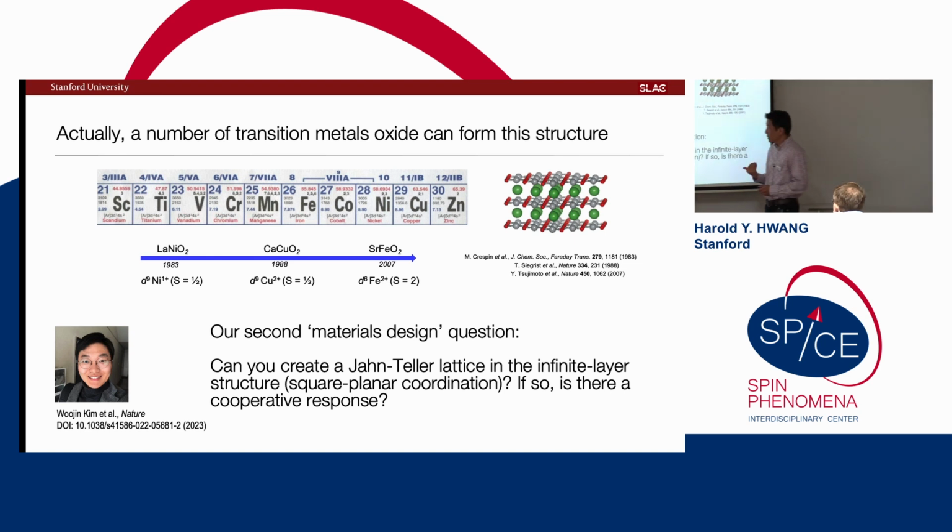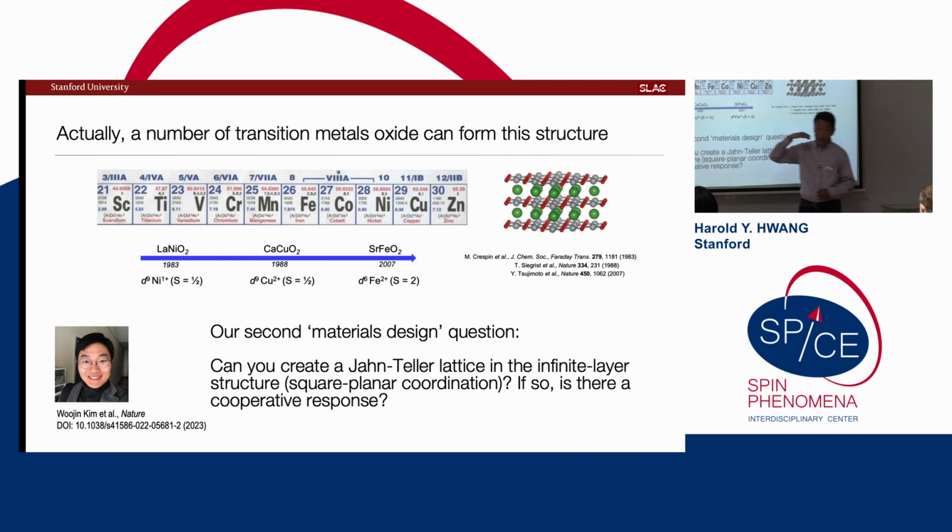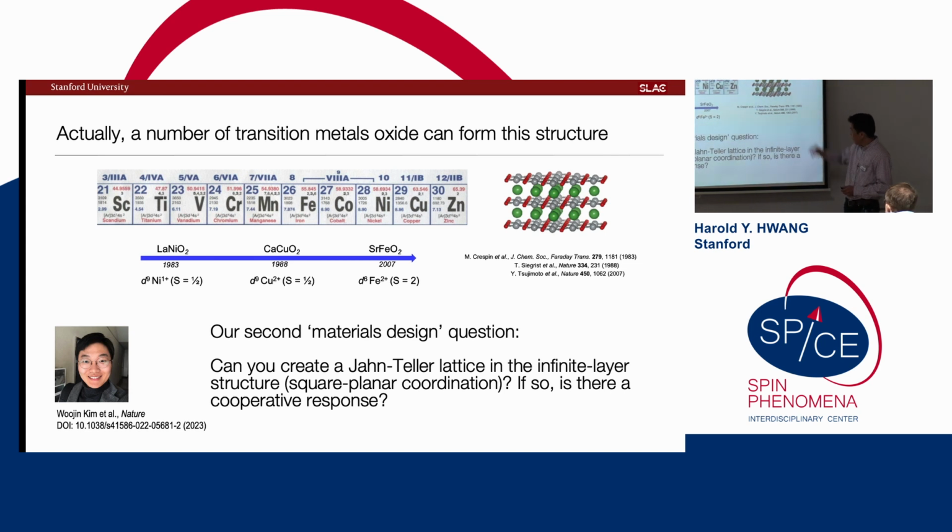And of course, quite famously, in the early days of the cuprates, this nomenclature, which I'm just stealing from the layered cuprate version, was found to be superconducting by a number of groups. And more recently, a layered iron version.